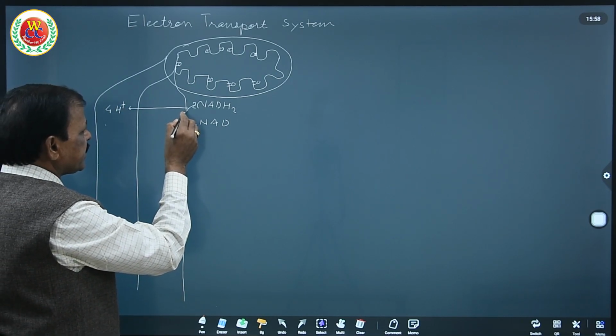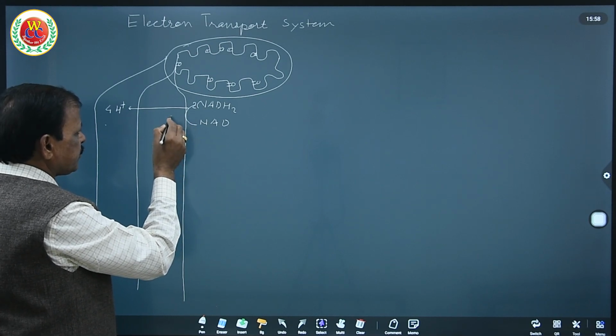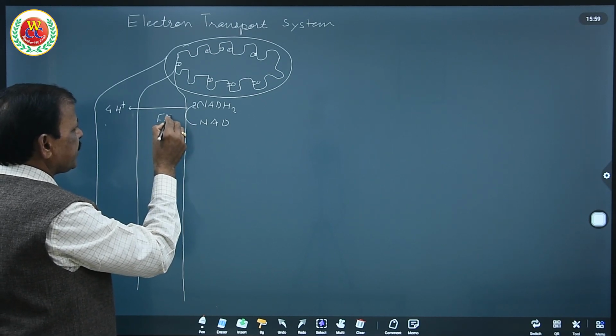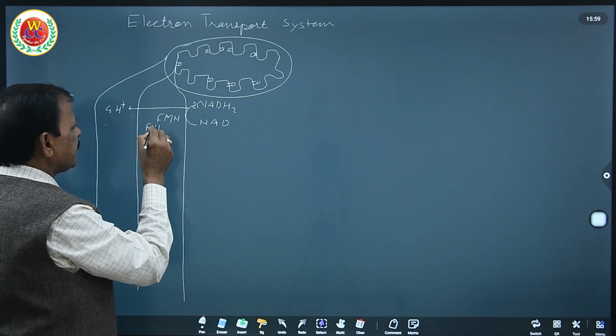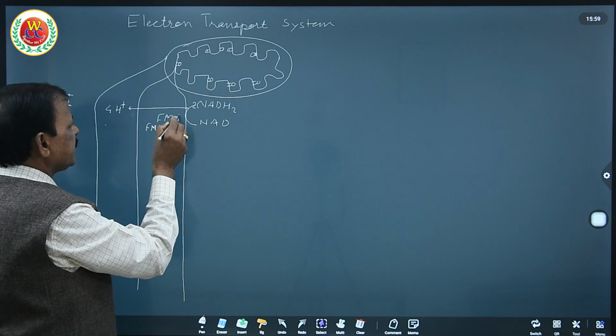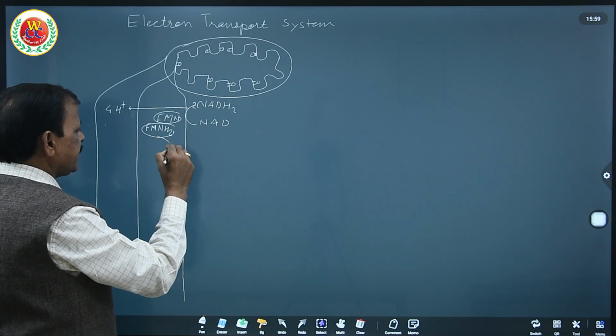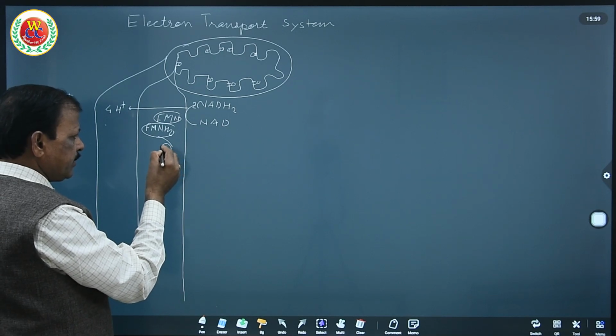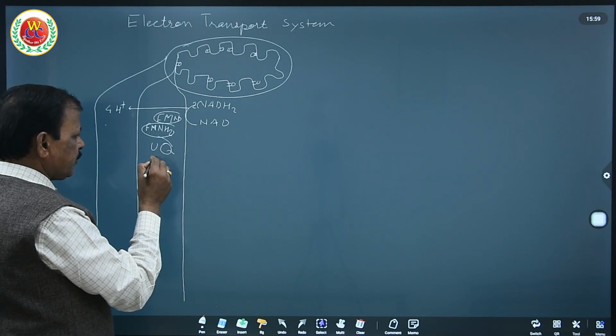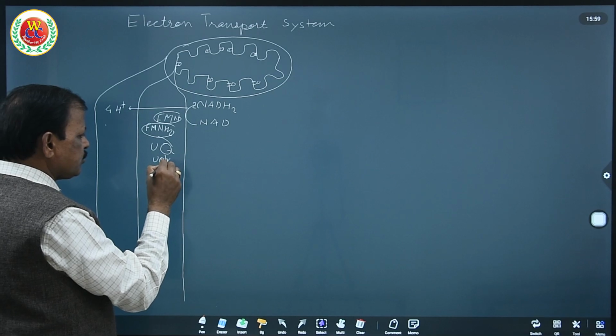The released electron combines with FMN forming FMNH2, and finally this proton combines with ubiquinone forming UQH2.